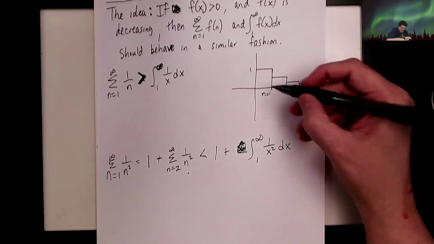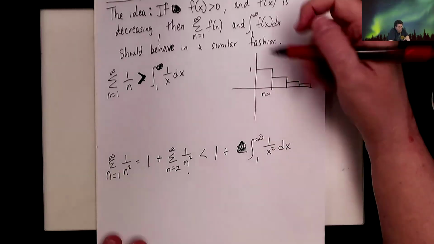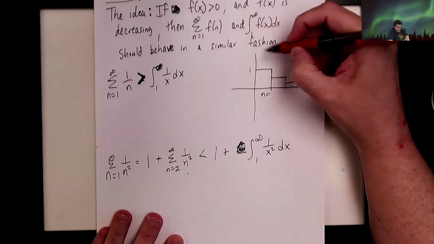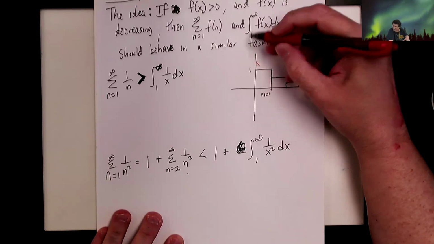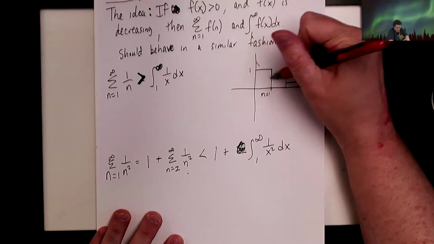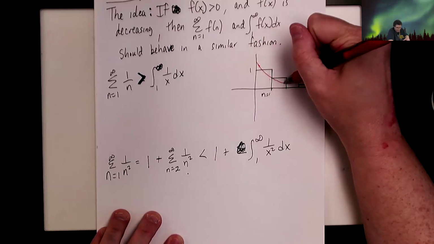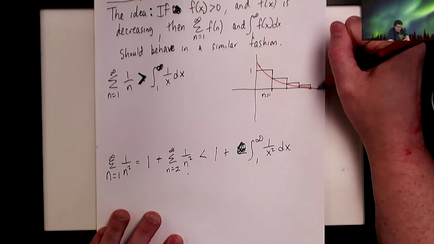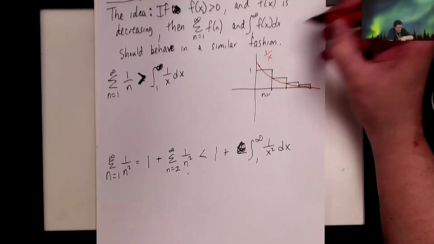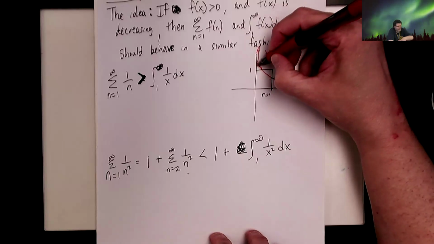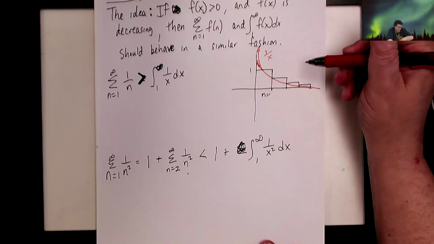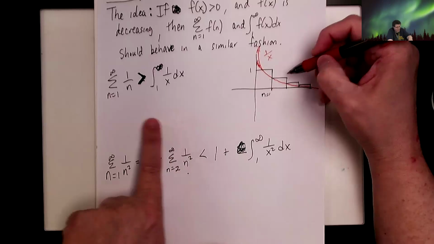So that's my 1/n in black, but my 1/x is doing this. That's starting at 1. It's going through those points right there. So that's 1/x, going to infinity. But we're starting at n equals 1. And so we can see that the 1/x is less than the 1/n.